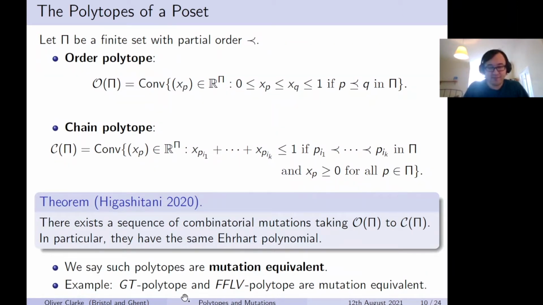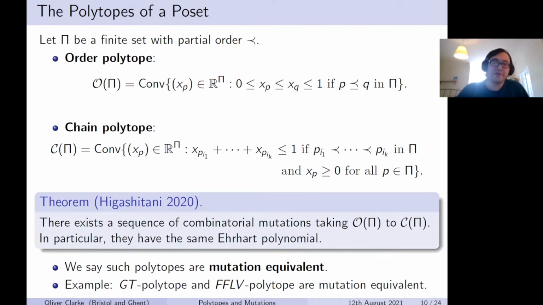There's the Gelfand-Tsetlin polytope and the FFLV polytope, which arise from finding toric degenerations of flag varieties. And it turns out that they're also the order polytope and chain polytope, respectively, of a particular finite poset. This means that you can deform one polytope into the other by a sequence of combinatorial mutations, and this gives you a purely combinatorial way to show that they have the same Ehrhart polynomial.